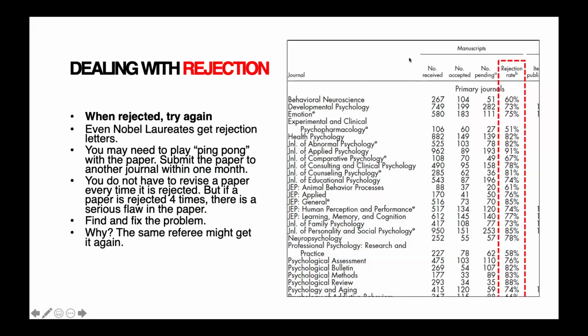If you look here, the rate of rejection is quite high. At first rejection, some people are very frustrated, but don't worry, you can review, do the corrections and submit to other journals.